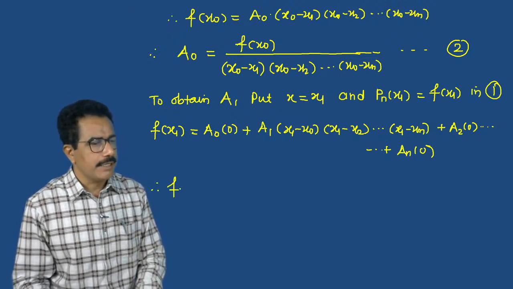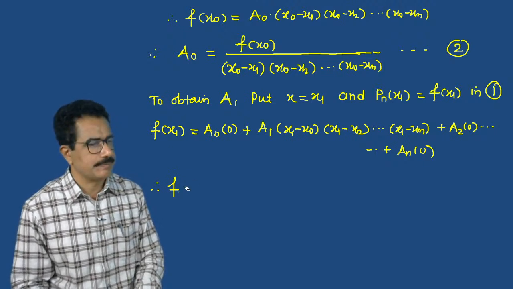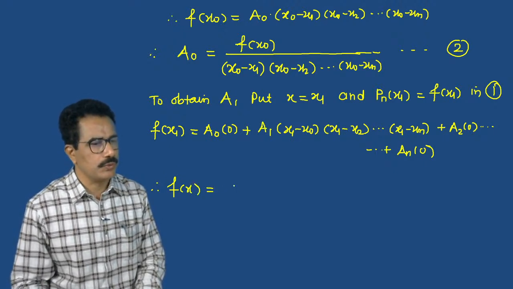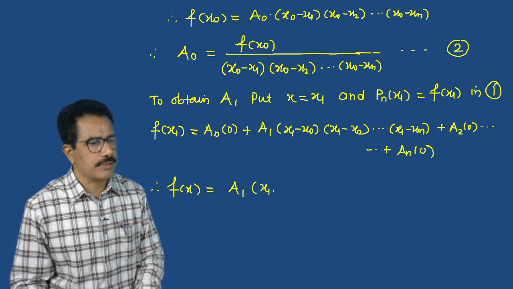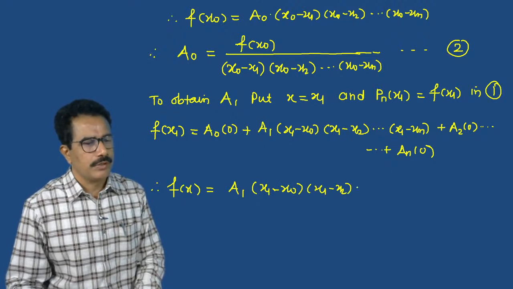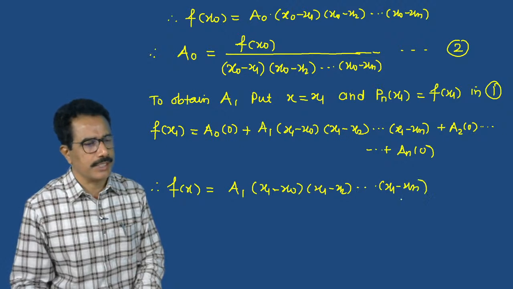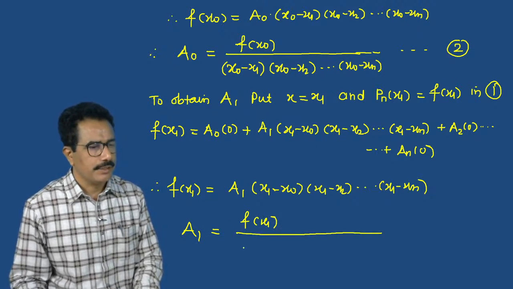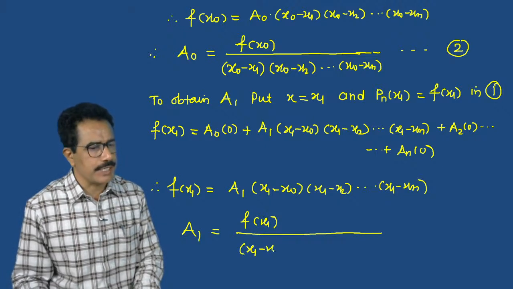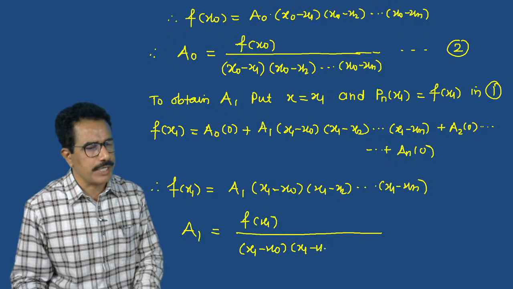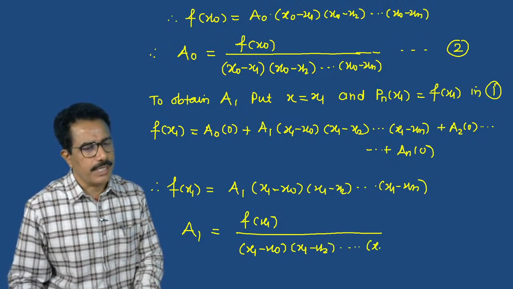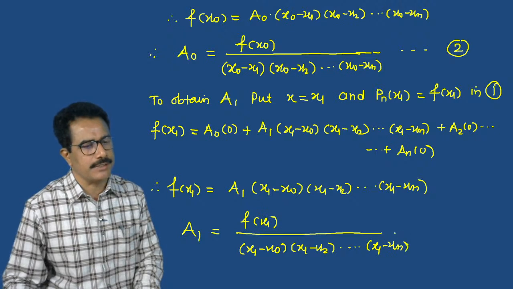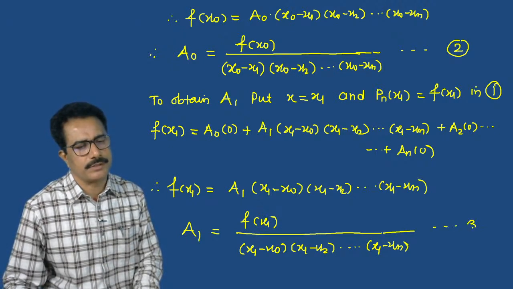So we will get f of x1 which is equals to a1 into x1 minus x0, x1 minus x2 dot dot dot x1 minus xn. So we get the value a1 is equals to f of x1 divided by x1 minus x0, x1 minus x2 dot dot dot x1 minus xn. Suppose this is equation number 3.